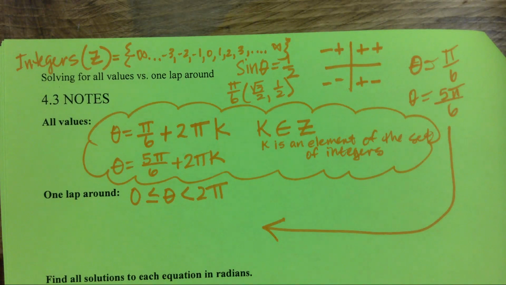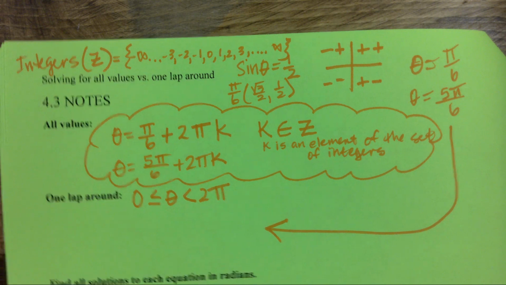It's just that when I want to list my answer, I want to make sure that I cover every possible answer out there. And aside from trying to list them all, this is the most efficient way to do that. Okay? So basically, to your answer, you'll add plus 2 pi k. Most of the time. There are little occasions where things change, and we'll talk about those as we come across this. All right?